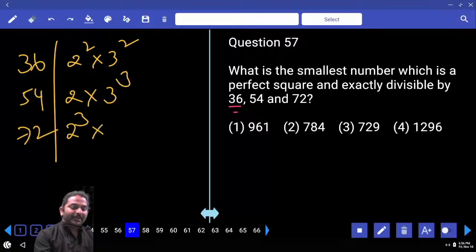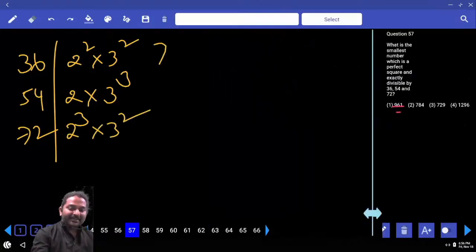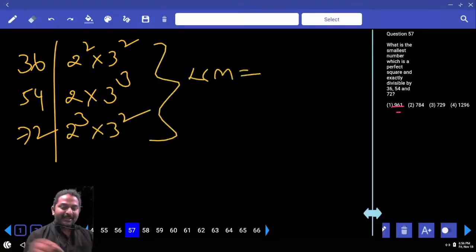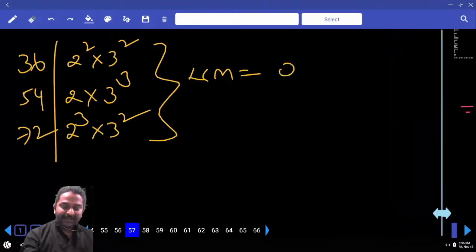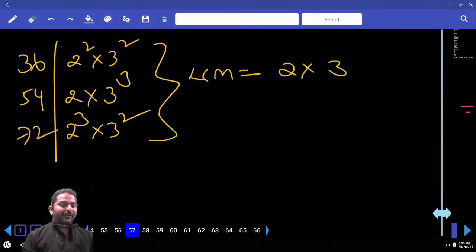For these numbers, the LCM of prime factors takes all base values with the highest exponent for each base, correct? What are the base values that we have? 2 and 3. For 2, what is the highest exponent? 3. And for 3, what is the highest exponent? 3. Is it a perfect square?